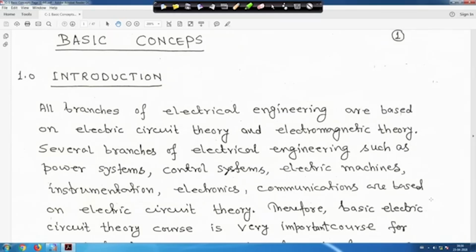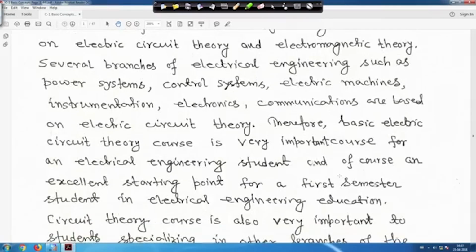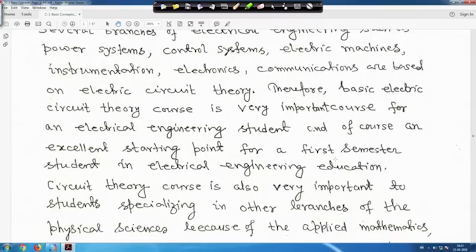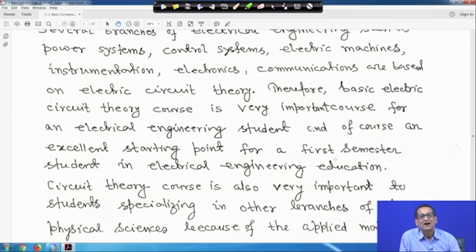This course is suitable for the first semester or first year electrical engineering student, and we will start from the very basic things.